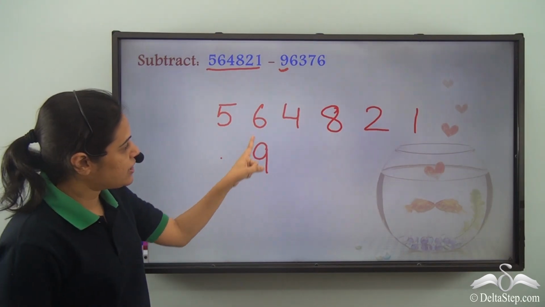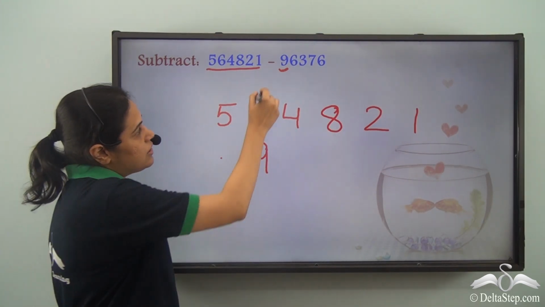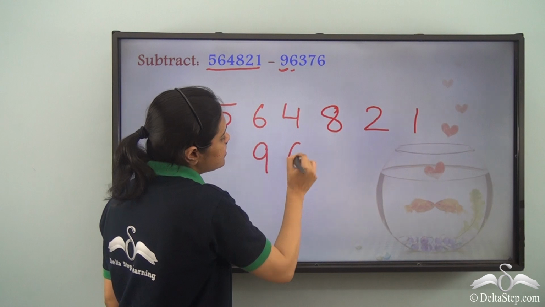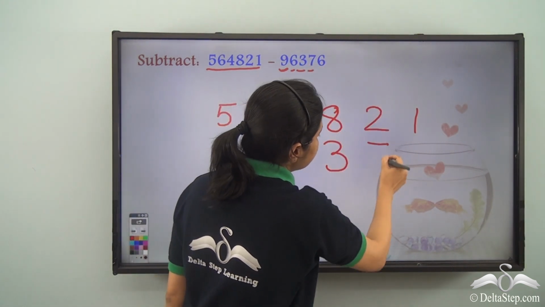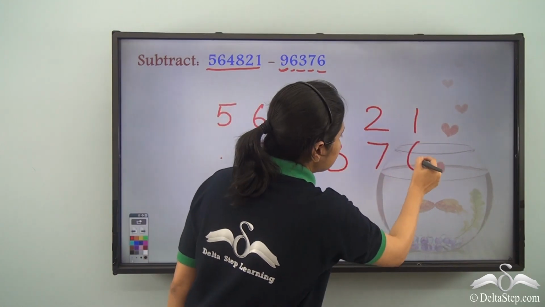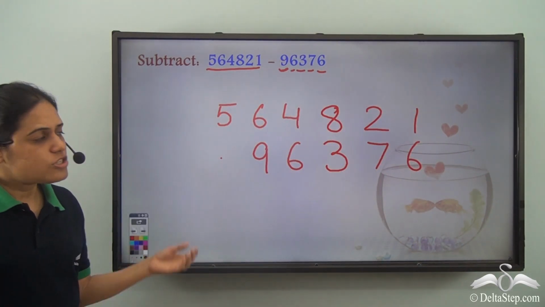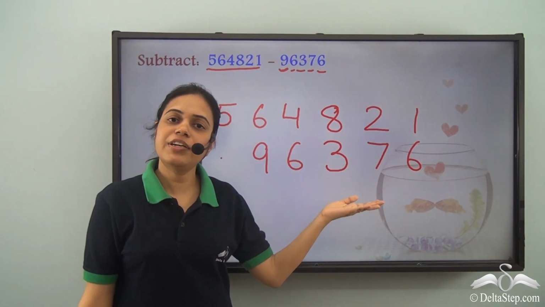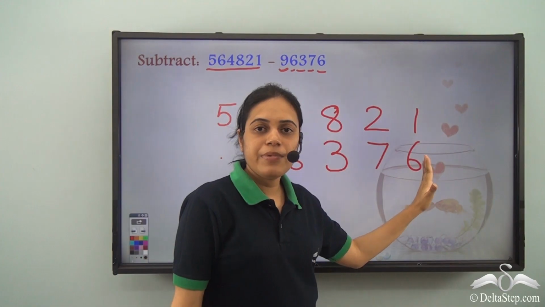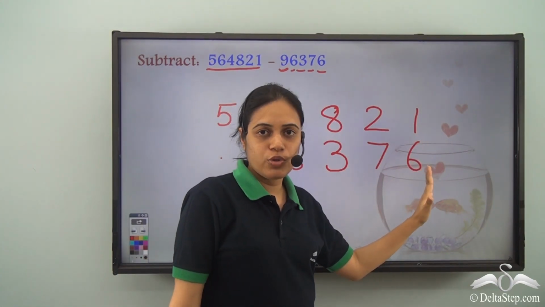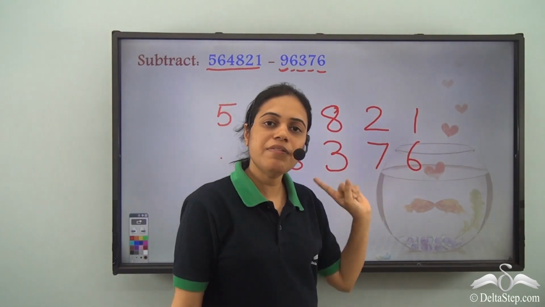I need to write it below 6. 6 is in the thousands place. 3 is in the hundreds place. 7 is in the tens place, and 6 is in the ones place. So another way of checking whether we have written it correctly or not is, you should have the last digits of the two numbers, one below the other in the ones place.